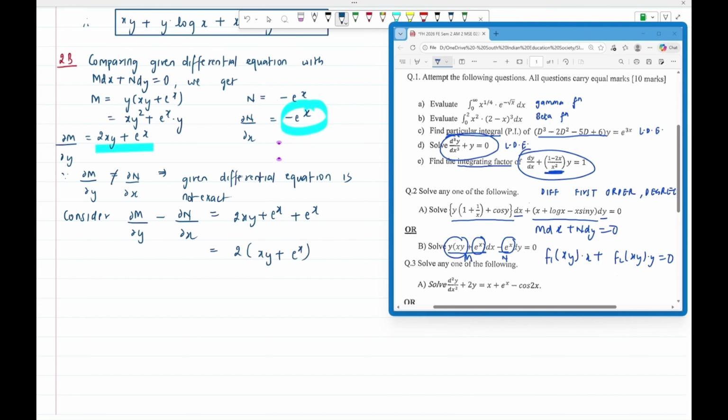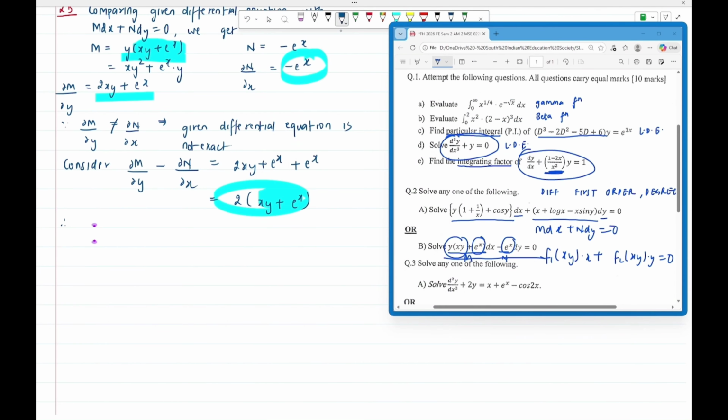Now for the next part, what we are going to see is whether dividing this expression by M helps us get a function of only one variable, or dividing this by N gives us the same thing. In this case, you can see that the function M has one factor which is xy plus e raised to x, and the same factor is over here. So if we happen to divide by M, then this expression will reduce to a function of y variable alone.